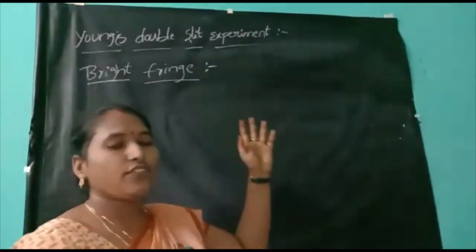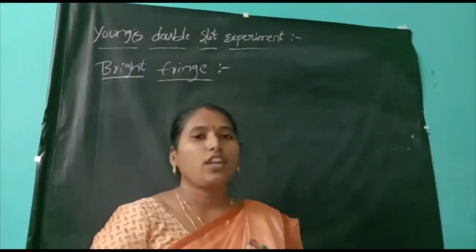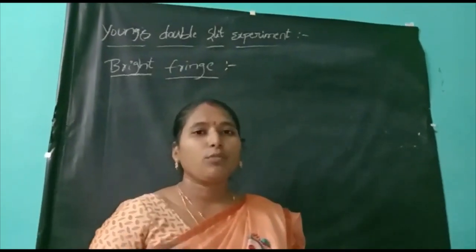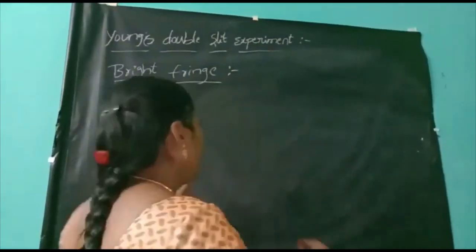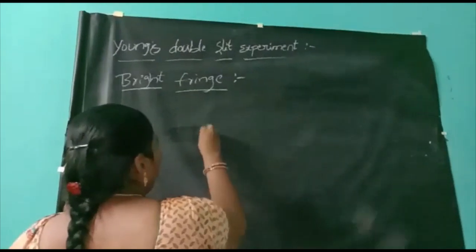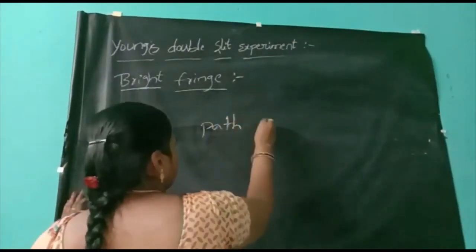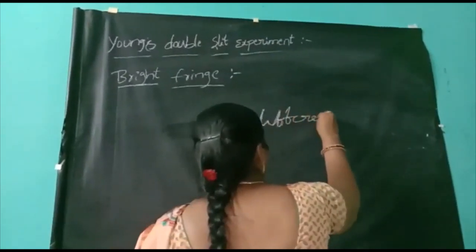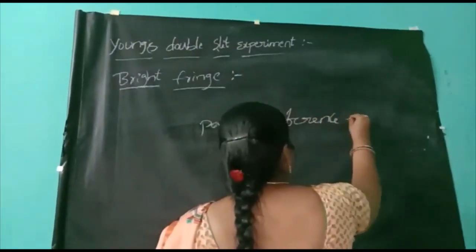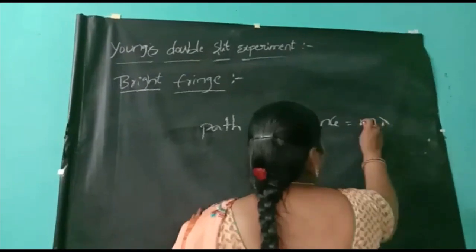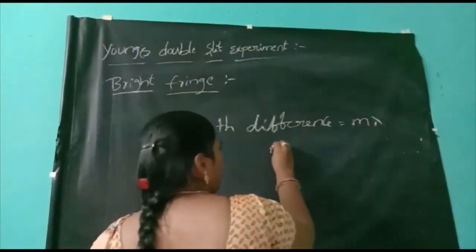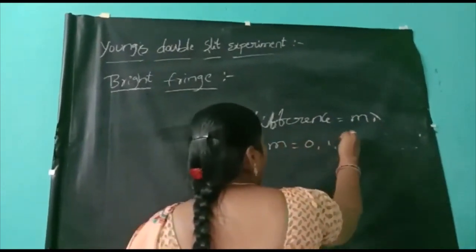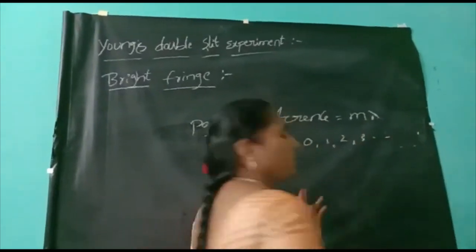Bright fringe will occur due to the addition of the intensity of the two light waves which are moving in the same phase. In this case path difference is equal to m lambda. M is the order of fringe. M is equal to 0, 1, 2, 3 and so on.